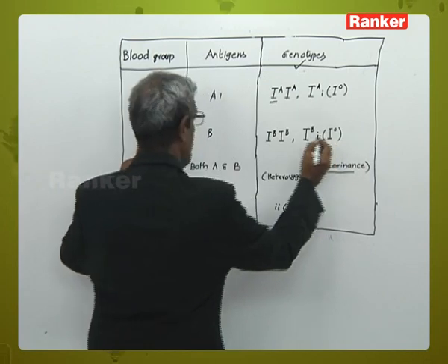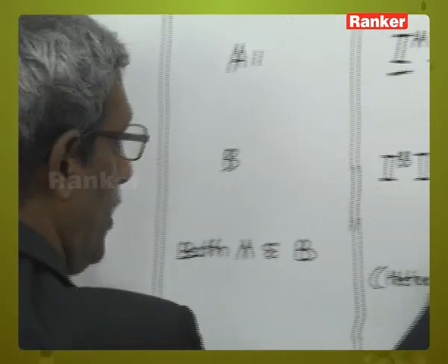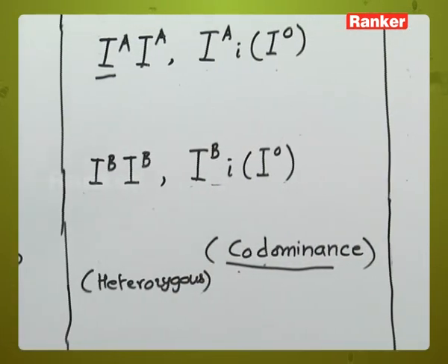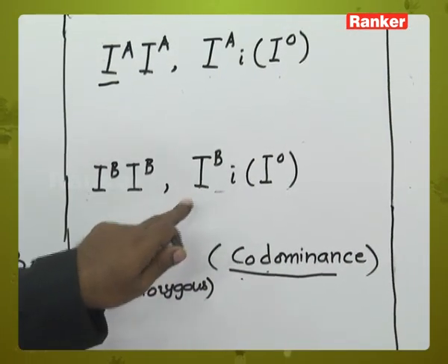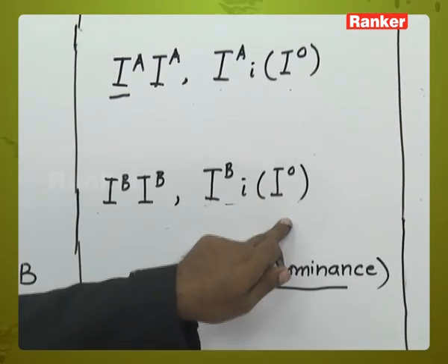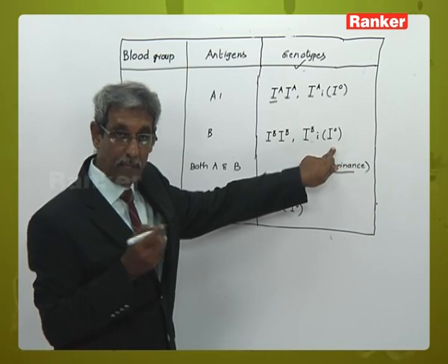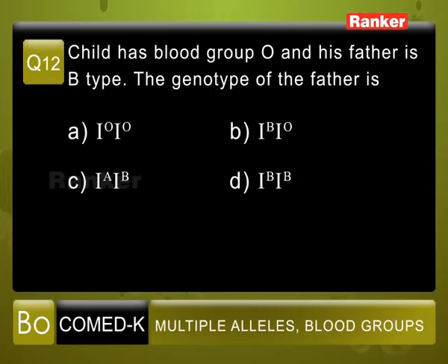So definitely, because the father has blood group B, the choice remains as IB. And if one of the genotypes is IB, then the next choice is also IO. Thereby, the correct answer for question number 12 is B, which is designated as IB and IO.